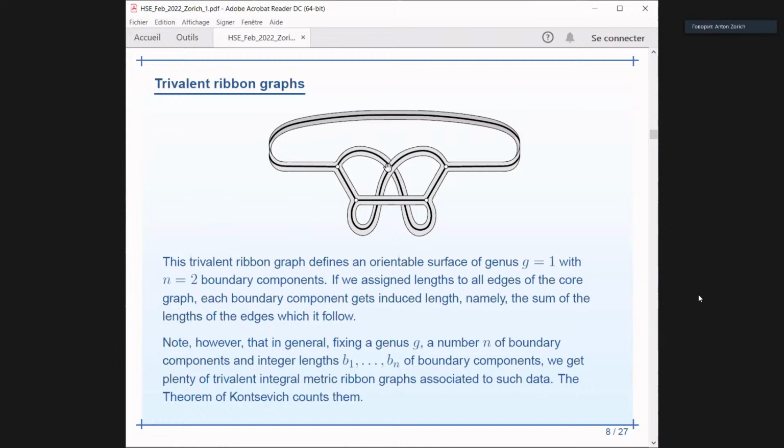Everything depends on the topology of the surface, and you can have a lot of freedom. So now the question is, how many ribbon graphs can you construct when you impose on the ribbon graph to have genus g, to have n boundary components, and when you impose on these boundary components to have lengths b1, etc., bn.